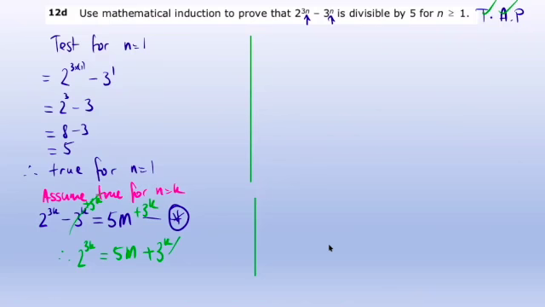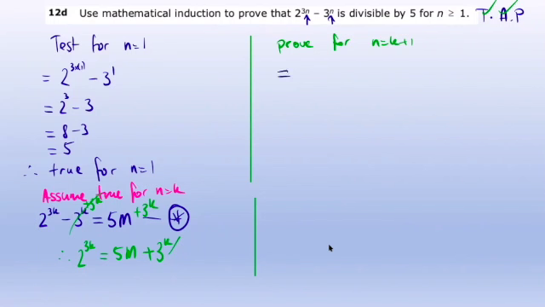Now we need to prove for n equals k plus 1. All right, let's go for it. So now I'm rewriting just the original one. So now I've got no equality.